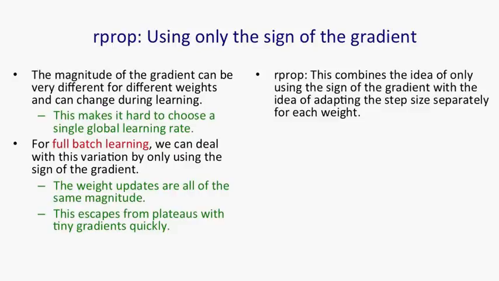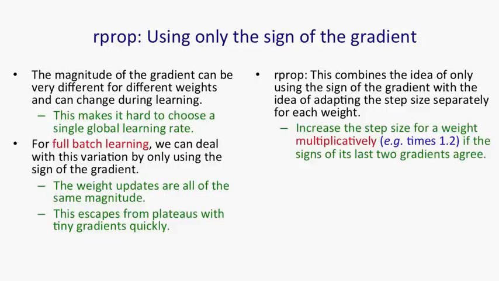Rprop combines the idea of just using the sign of the gradient with the idea of making the step size depend on which weight it is. So to decide how much to change a weight, you don't look at the magnitude of the gradient. You just look at the sign of the gradient, but you do look at the step size that you've decided on for that weight. And that step size adapts over time, again without looking at the magnitude of the gradient.